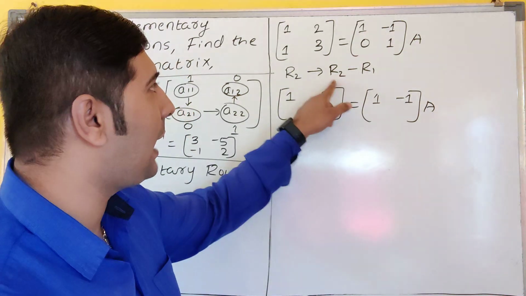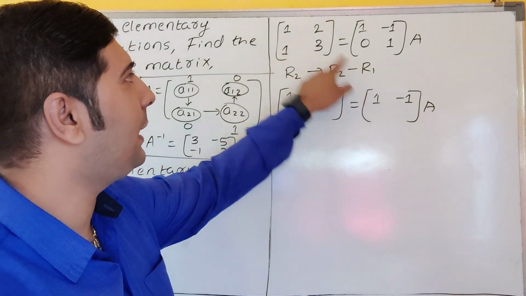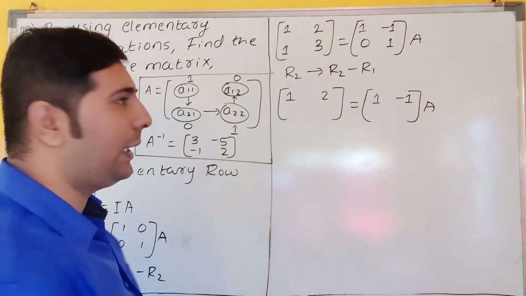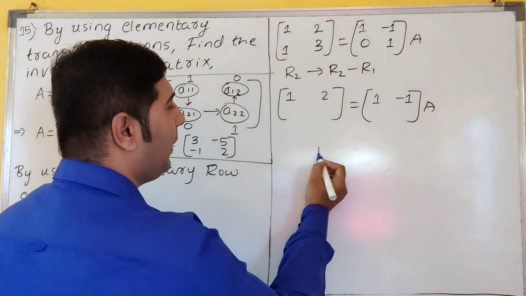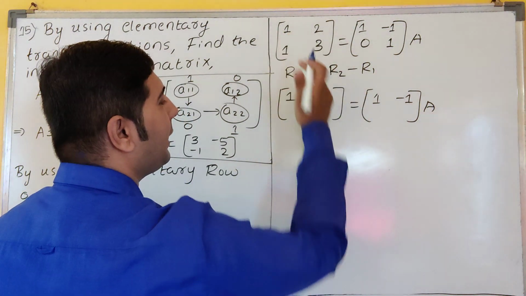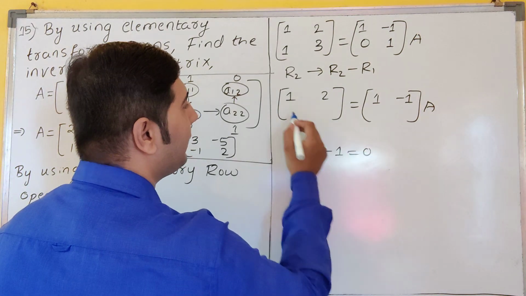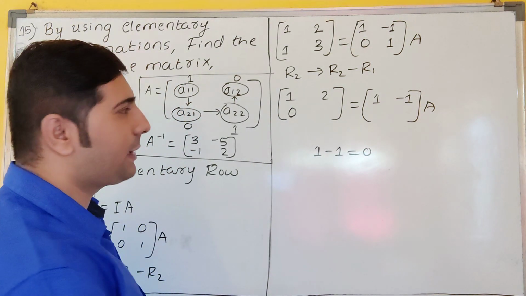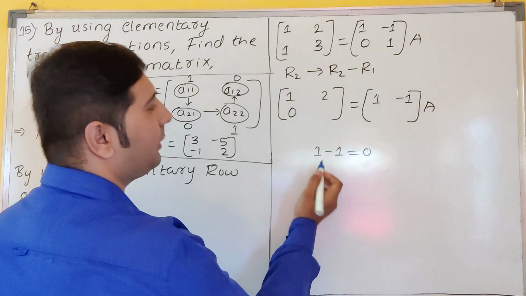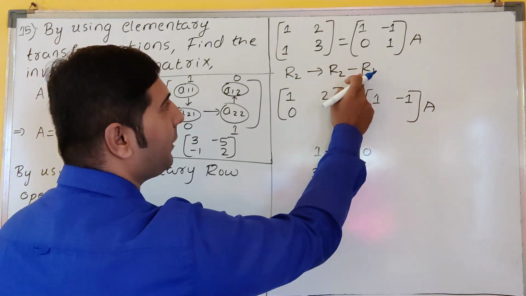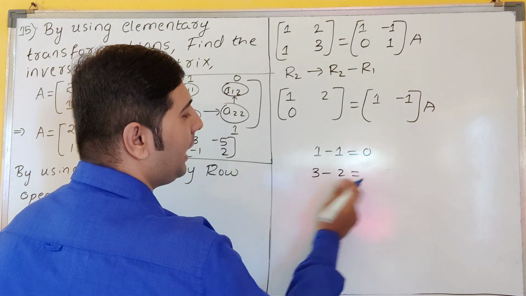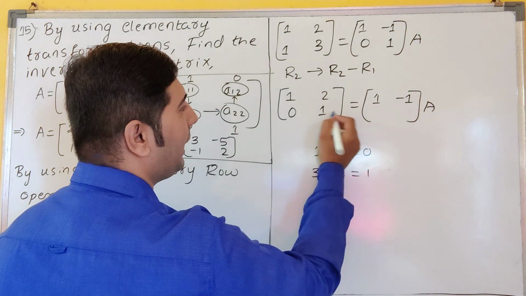Now see, R2 you are changing. R2 is 1, R1 is 1. 1 minus 1 is 0, dear students. Next, R2 is 3, minus R1 which is 2. 3 minus 2 is 1. I will write here 1.